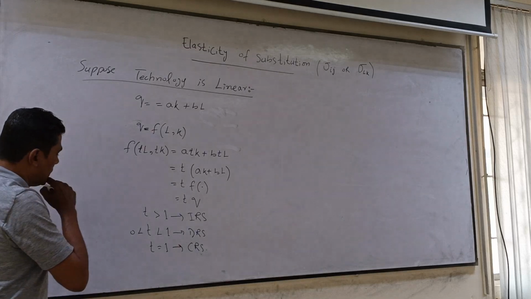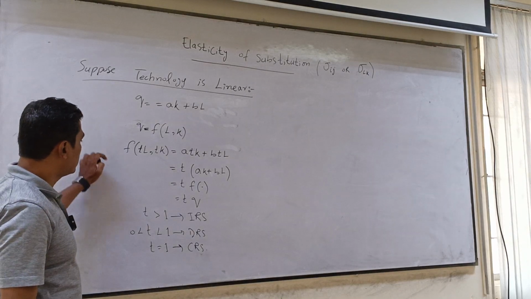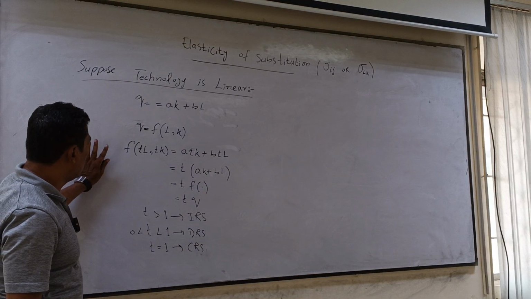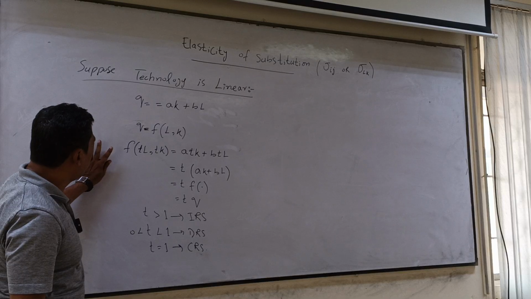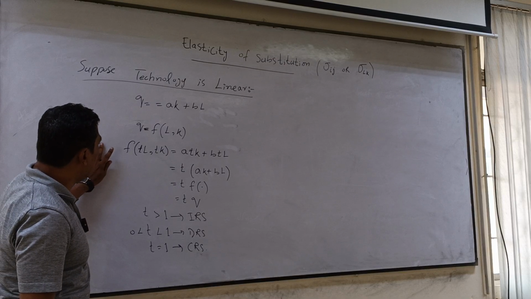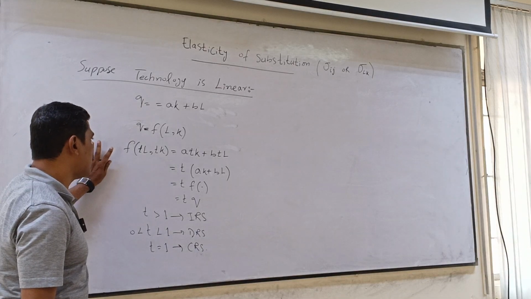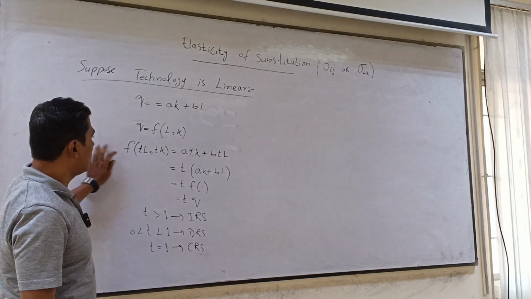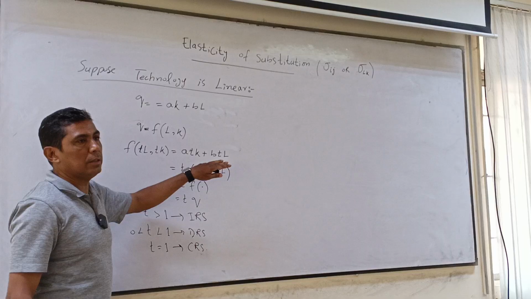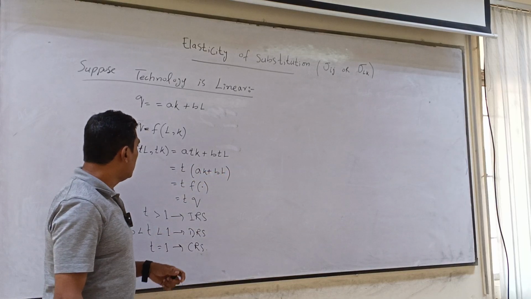Okay. So if we change labor and capital by any scale t, which value is greater than 0. Clear?